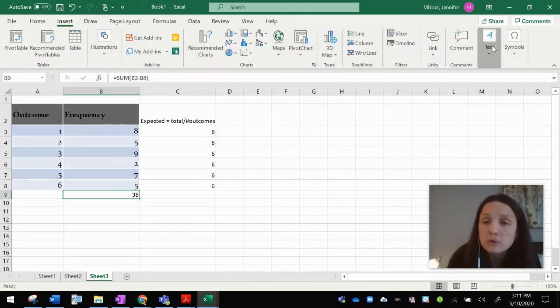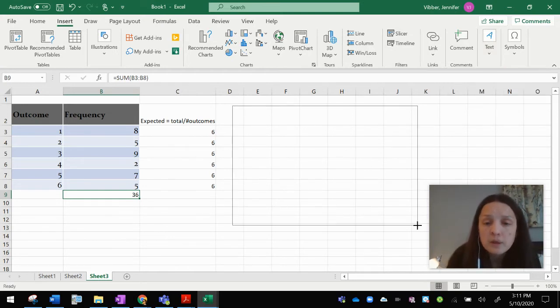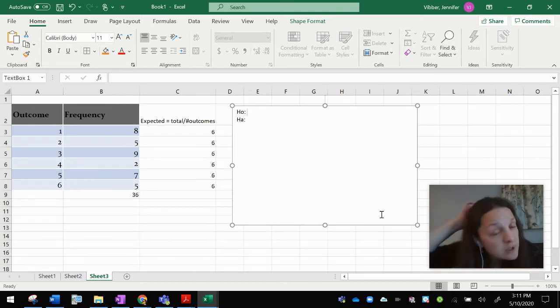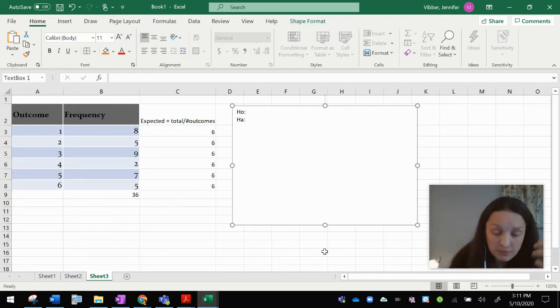So let me insert a word box here. We need hypotheses. Chi-square tests have hypotheses just like everything else. I'm going to give you a generic hypothesis and then a more contextual hypothesis. Your generic null hypothesis for any chi-square test is whether we are looking for a uniform response or not. So H sub 0: the data responses are uniform, and H sub A: the data responses are not uniform.